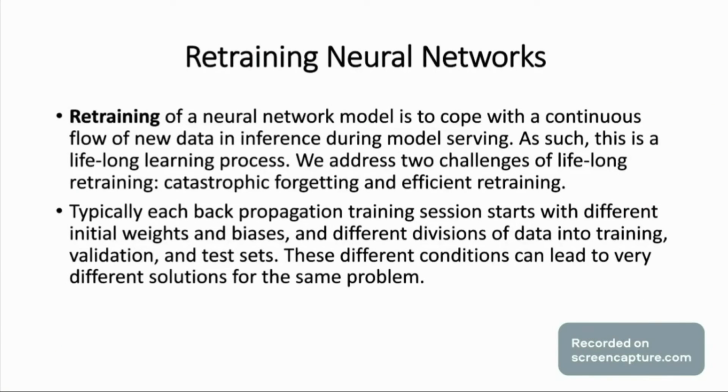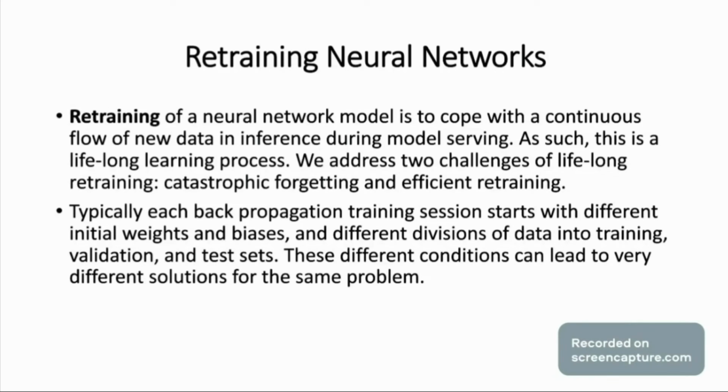We have reached the last part of our presentation, and last but not the least, we are going to talk about retraining neural networks. What do we essentially mean by retraining a neural network? Basically, retraining of a neural network model is to cope with the continuous flow of new data and inference during model serving. As such, this is a lifelong learning process.